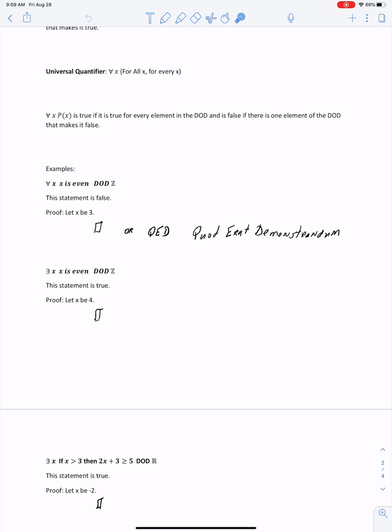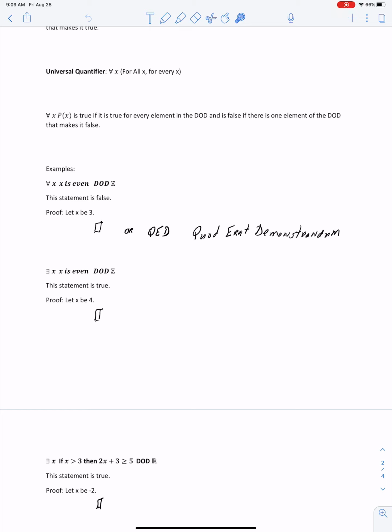All right, so if you think about this, for this to be true, it's got to be true for every X. But I can think of an integer where it is not even. And that's what my argument is. So my claim is this statement is false.